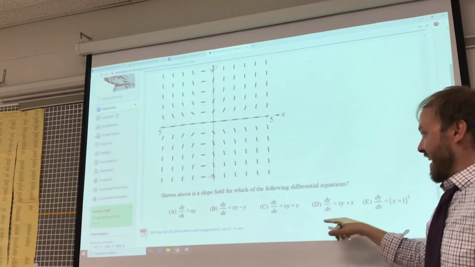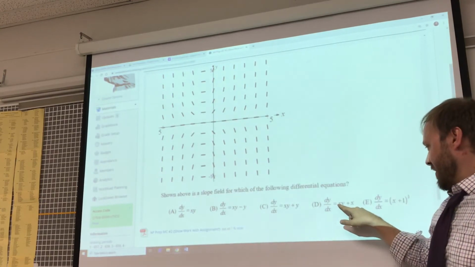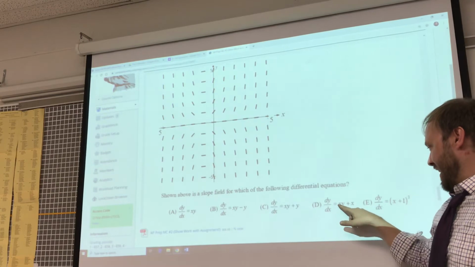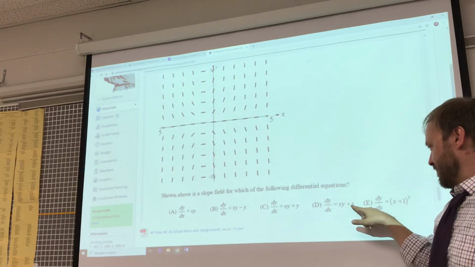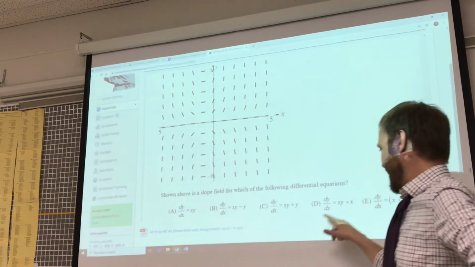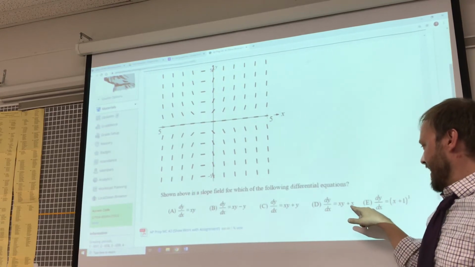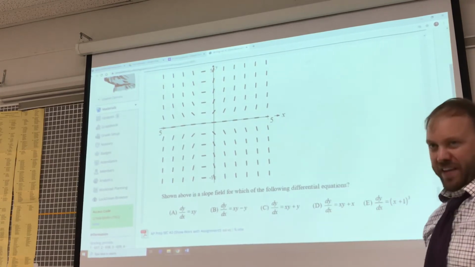If x was -1, we're supposed to get a 0 here, right? So if that's -1 and that's -1, I would get -y minus 1. I don't think that's going to work. Let's try the point -1, 1. -1 times 1 is -1. -1 plus -1 is -2. That one doesn't work either.